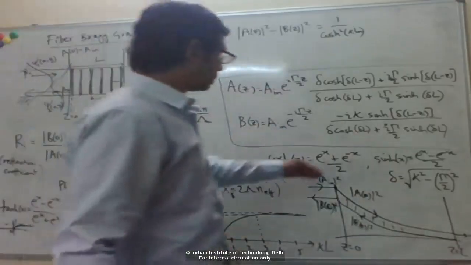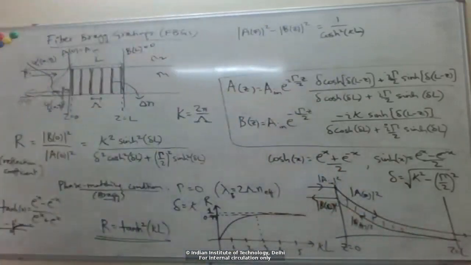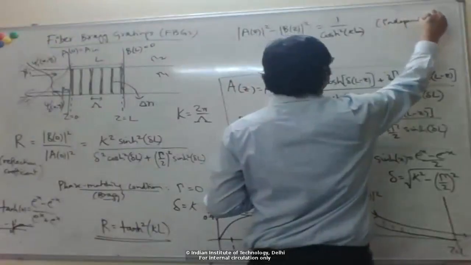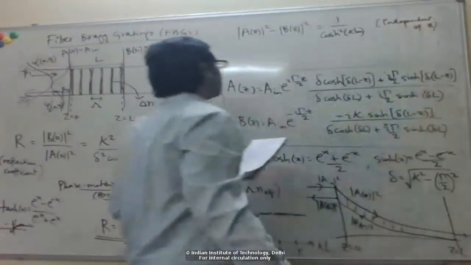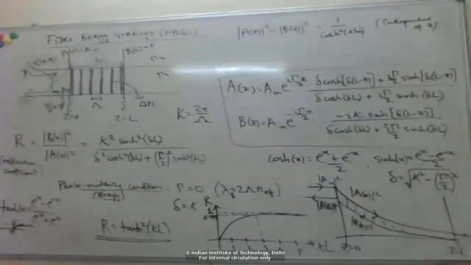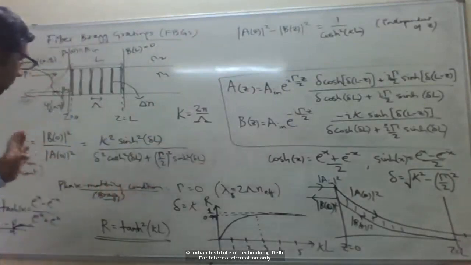So the forward propagating wave is decaying, the backward propagating wave is building up. That's at the Bragg condition, when delta is equal to kappa, or this capital gamma is 0.